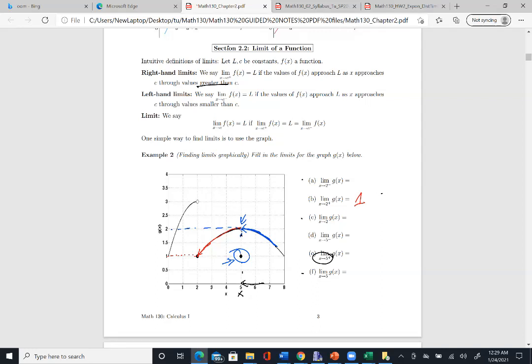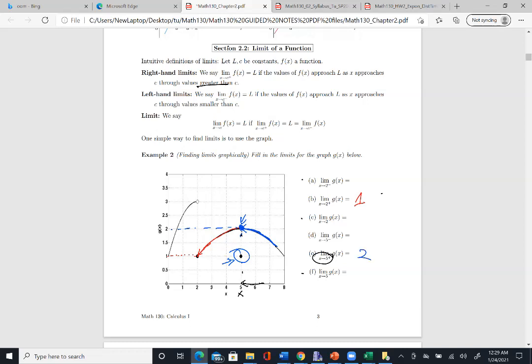So we try to imagine where g(x) is trying to approach right now. I know that it's trying to approach this point, and at that point the value of g(x) is going to be equal to 2. So then I put 2, okay?